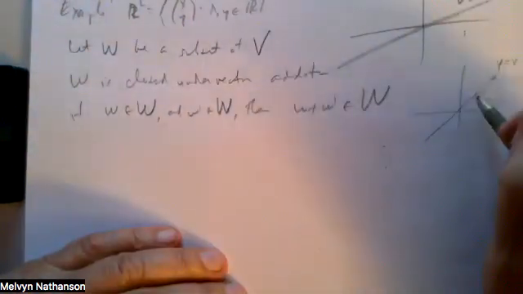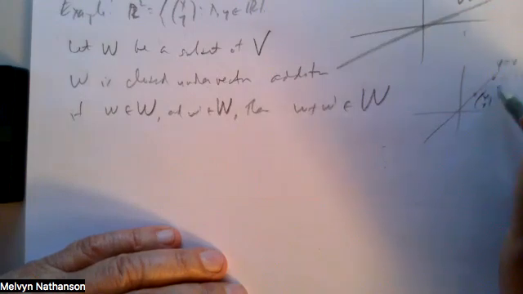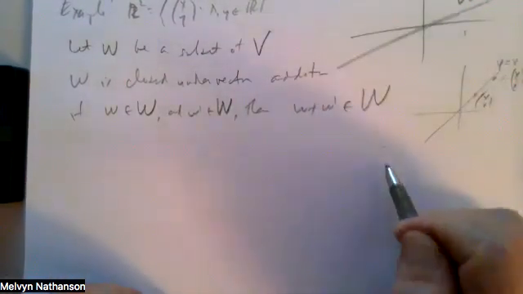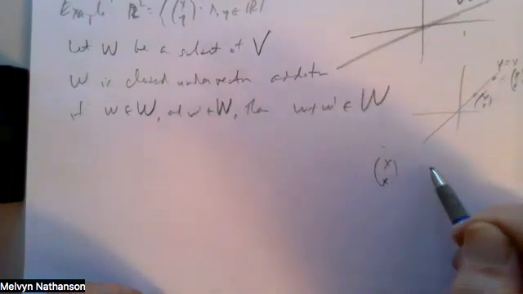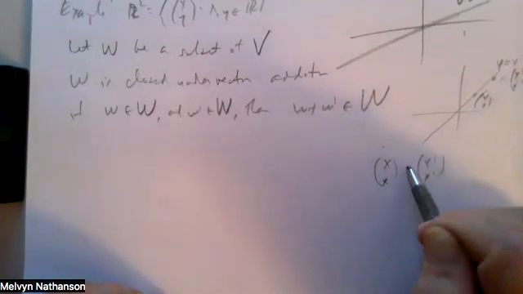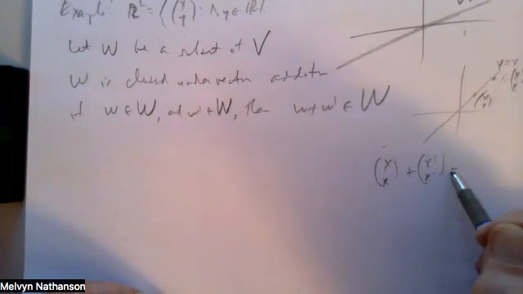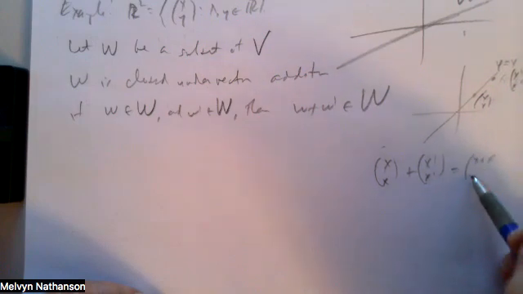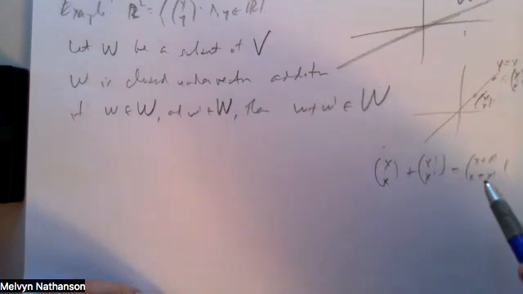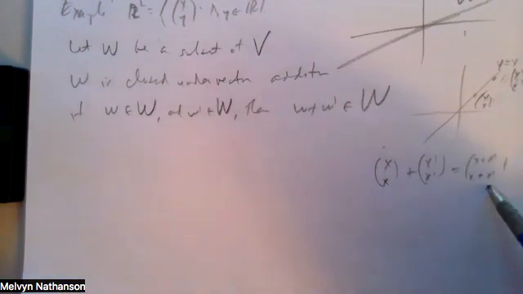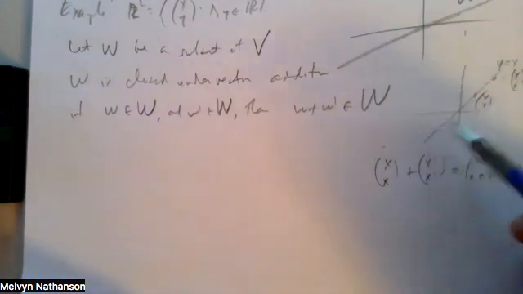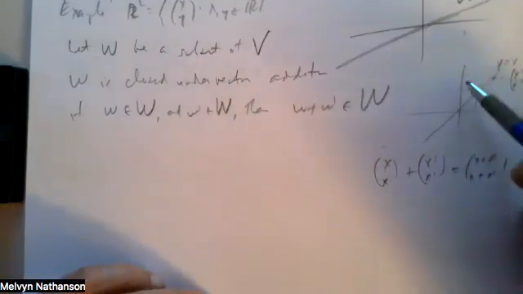So you have one point, (x, x), another vector, if you like, (x', x'). If you add (x, x) to (x', x'), you get (x plus x', x plus x'). So the first and second coordinates are still the same.